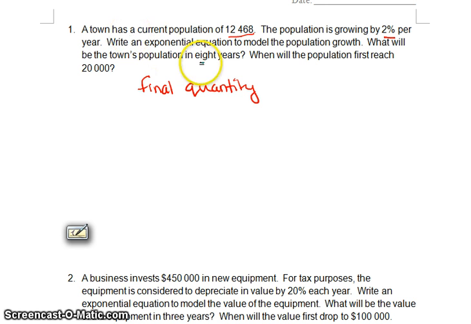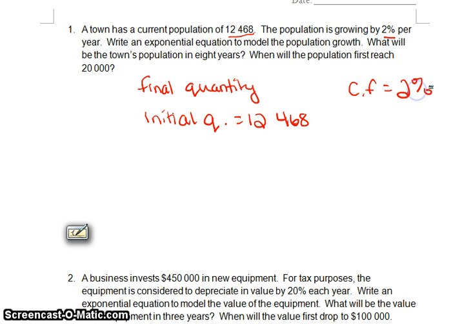Well, actually, if you think about it, the initial quantity is at time 0, so that is the current population. So you know that your initial quantity, I'm just going to label that Q, is equal to 12,468. Then your change factor is basically, if you think about it, a rate. So your change factor is equal to 2%.